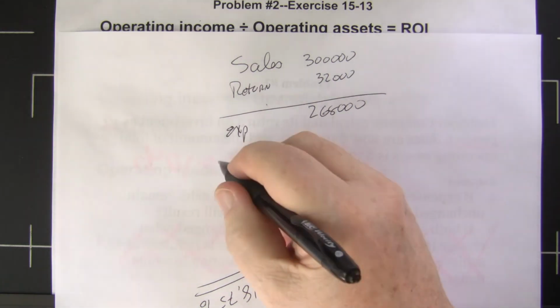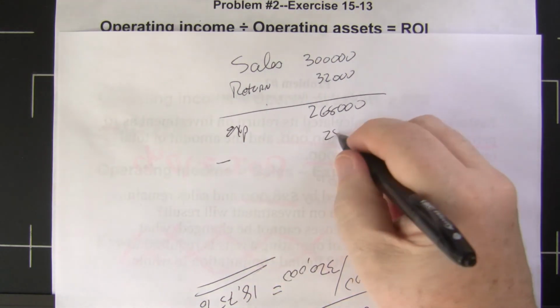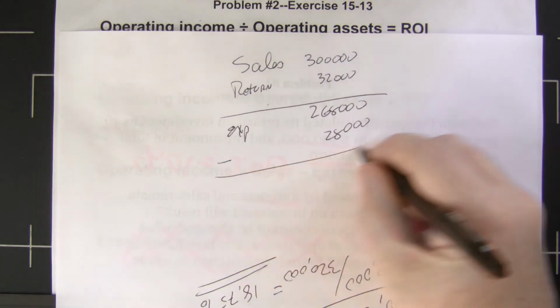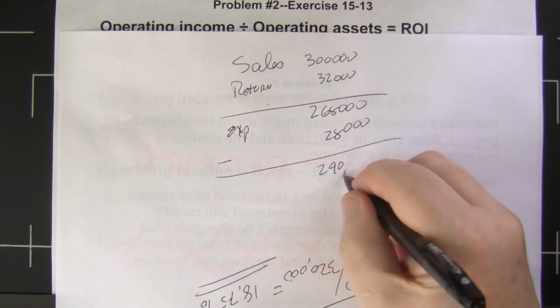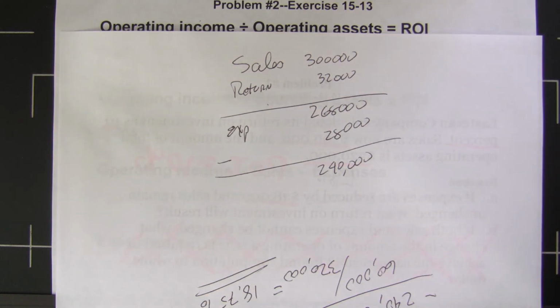Now, if we reduce that by 28, our new expense is 240.